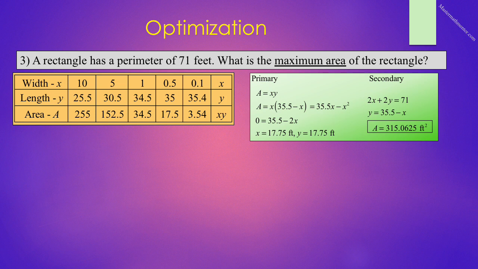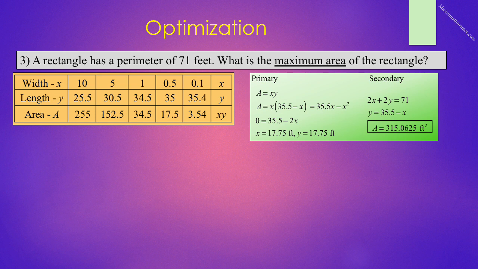We take the derivative and set equal to 0. So 0 equals 35.5 minus 2x, and that gives x is equal to 17.75, meaning that y is equal to 17.75. So our answer is that our rectangle is a square. It is very important to answer the question.